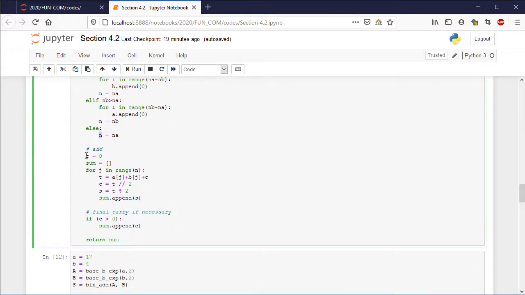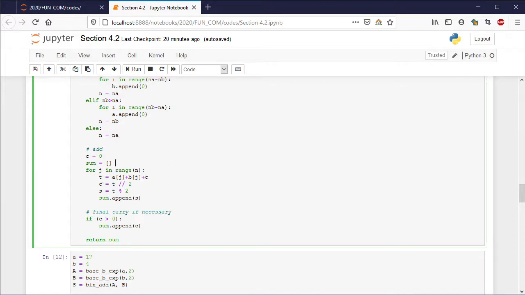And then you can find that we initialize the carry C equal to 0 and the sum. Keep in mind that I'm using a list to store the representation, so I initialize an empty list. Then for j in range n, T is the sum of AJ plus BJ plus carry.